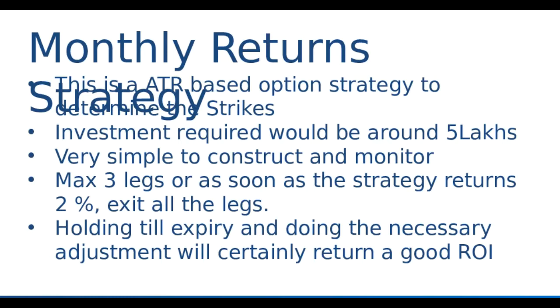That means that on any given day, Nifty can swing about 117 points, up or down. That's what ATR means. It is a 14-day average. It is not one day, it is 14 days. They take the 14-day average and come up with this number.